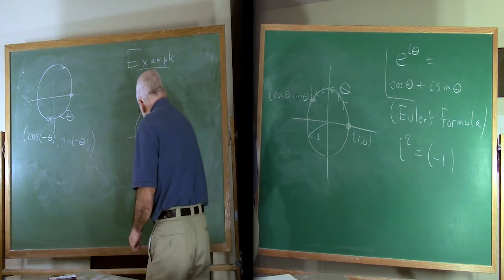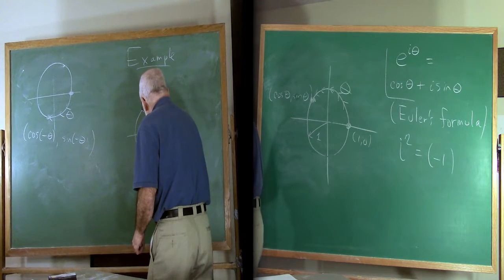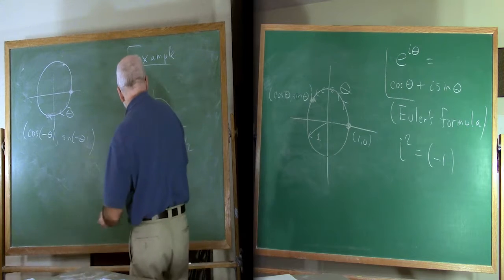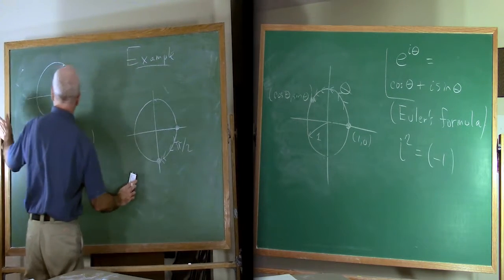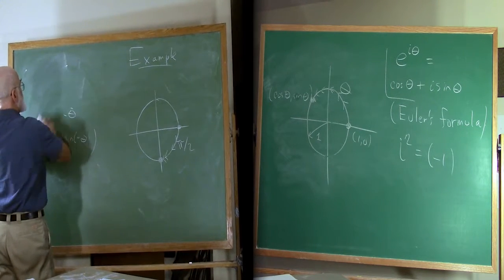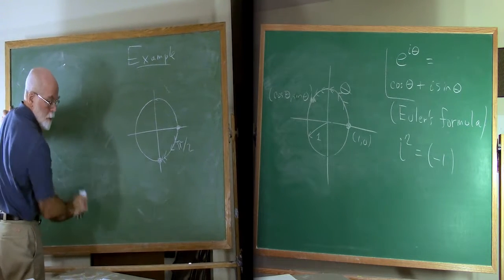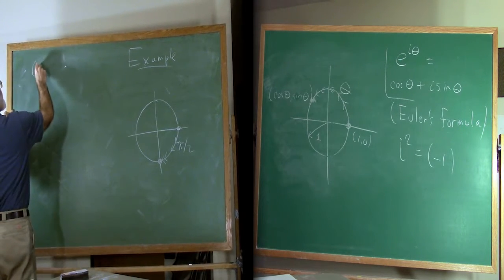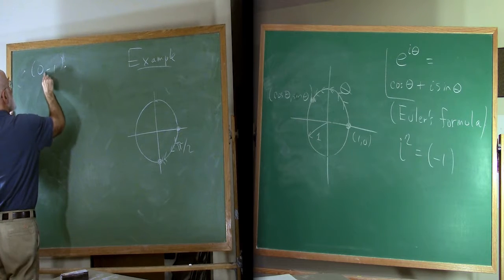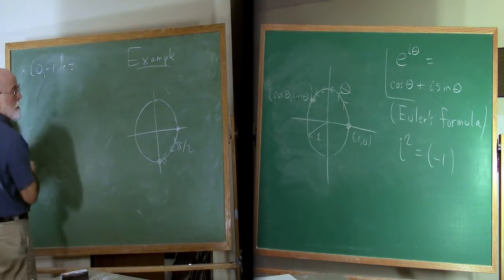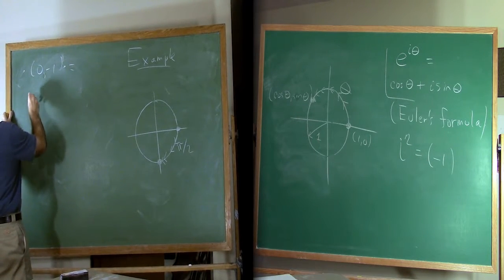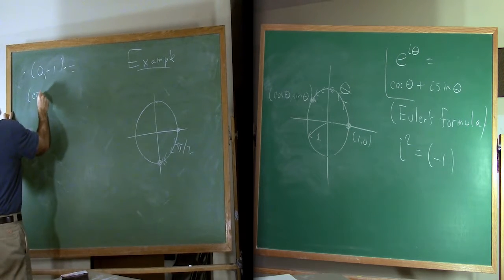There we are down at the point 0, negative 1. That's giving us cosine and sine of negative pi over 2.